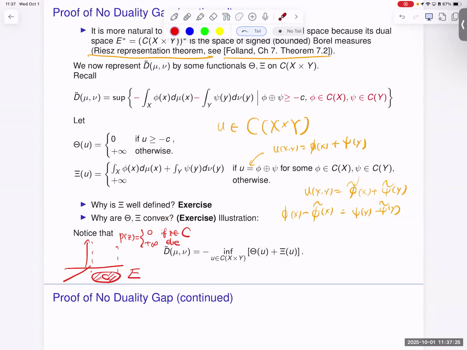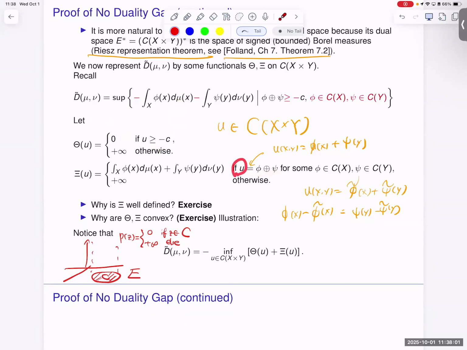So here is a set of U satisfying this condition. Is it convex? What is convexity? If you have U and another function U tilde, and you take a convex combination between them, and if both satisfy this condition, then the convex combination will also satisfy it, right? And what about this?